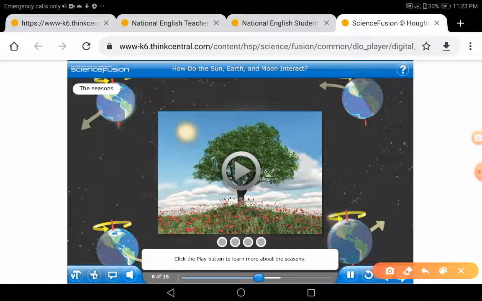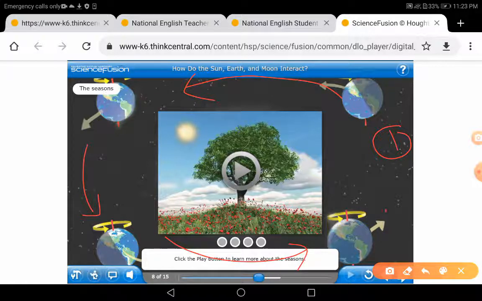Okay, before we click the play button to know more about the seasons, I'd like you to pay attention to a very important thing in this slide. Notice that we have 4 positions of Earth during this year, and it shows the movement of the Earth. We call this movement, do you know what we call it?